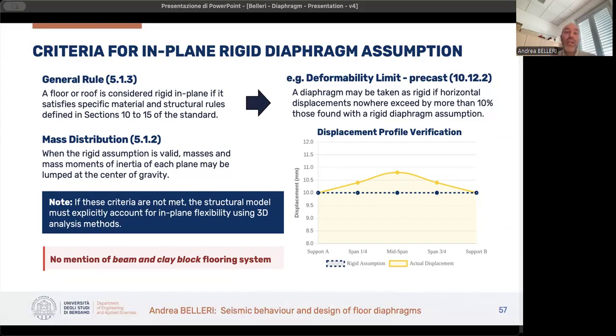There are indications on where to consider a rigid diaphragm in the case of different structural typologies. Unfortunately, there is no mention of the beam and clay block flooring system. For instance, in the case of precast elements, a diaphragm may be considered rigid if the horizontal displacement does not exceed by more than 10% the same displacement in the case of the rigid diaphragm assumption.